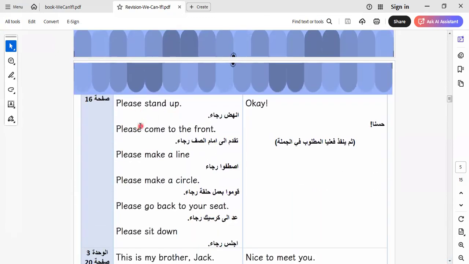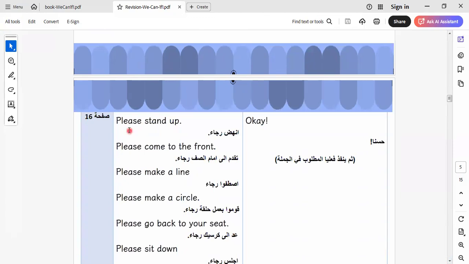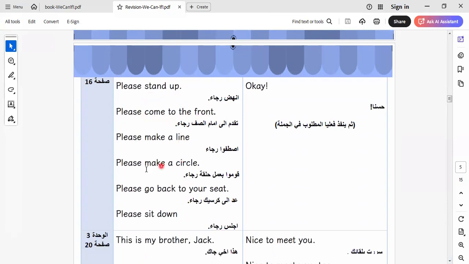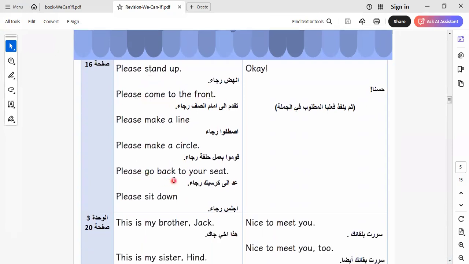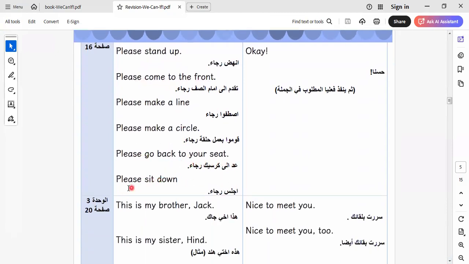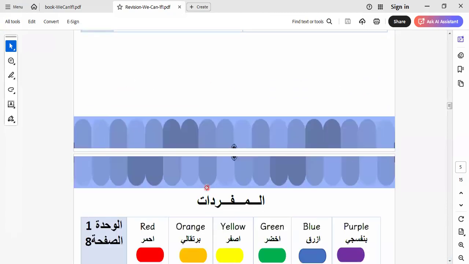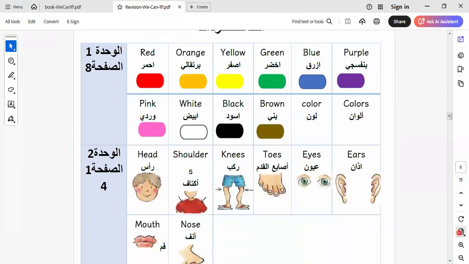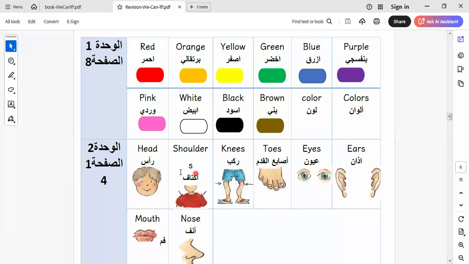Here we learned some polite expressions: please stand up, please come to the front, please make a line, please make a circle, please go back to your seat, please sit down. Okay, here we have some vocabulary. Let's learn it together. Head, shoulders, knees, toes, eyes and ears.